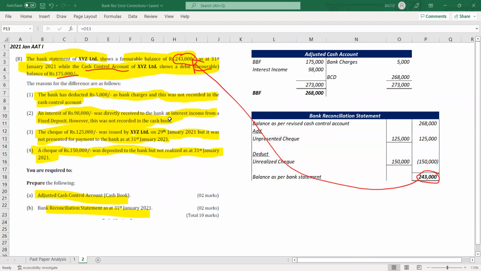Now let's move to correction of errors. This is also a very, very important chapter. Error corrections.